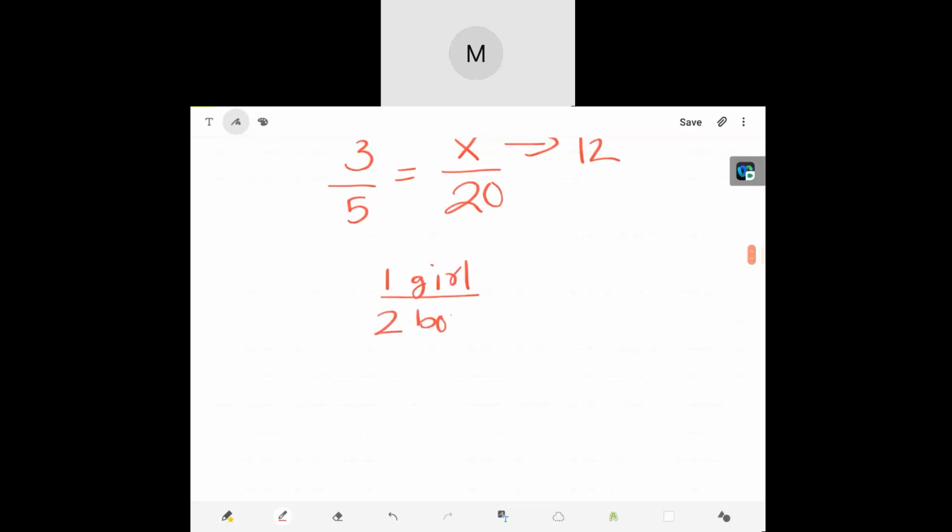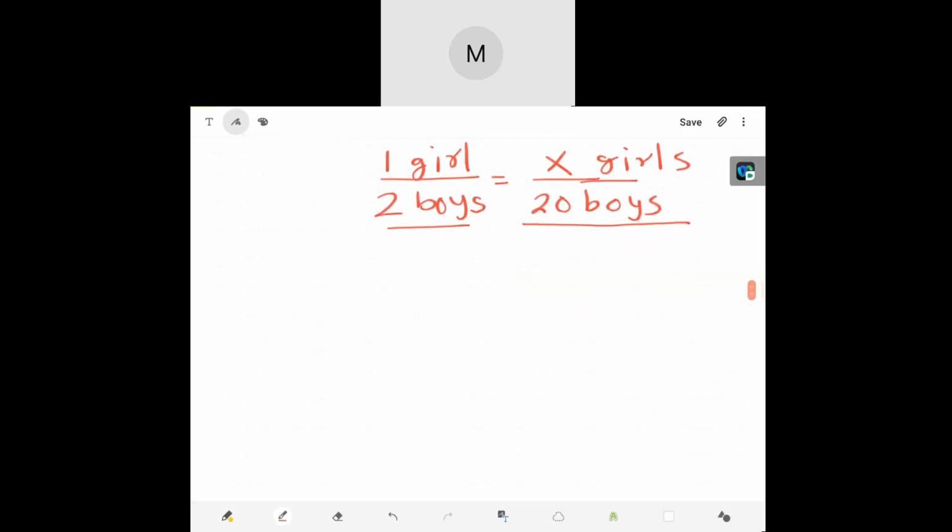If the question tells me that I have 20 boys, then I'll write that 20 right across the equal to sign, in the denominator again, because the boys is in the denominator on the left side. That same thing applies on the right side. So make sure that you have the same units across each other in the equal to sign. And then this would be x girls.